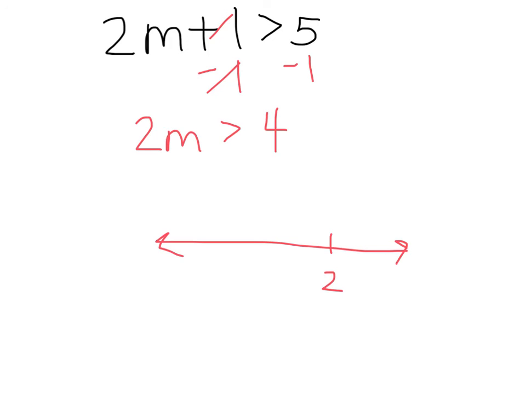Since I want to know what values will make the left side greater than the right side, 2 will not be one of my solutions, because 2 would make them equal. However, anything over 2 would make the left side larger.